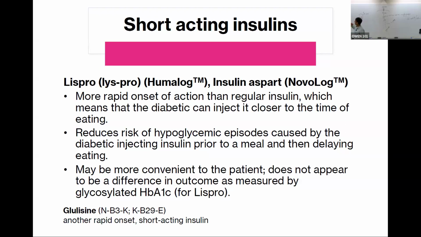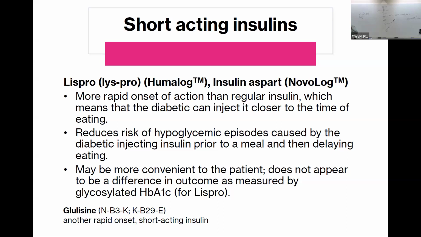That's why short-acting insulin is very popular, like lispro and insulin aspart. From the name, lispro means lysine proline. There is a reason for that. I will tell you later. Basically, this has a more rapid onset of action than regular insulin, and that reduces the risk of hypoglycemia, right?